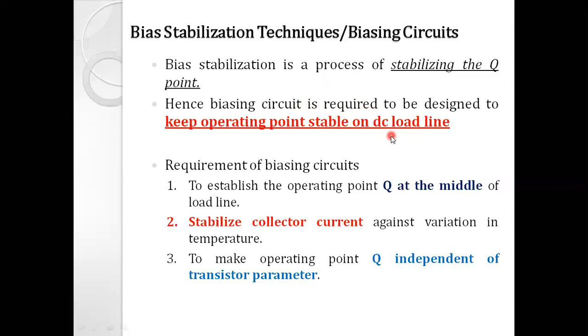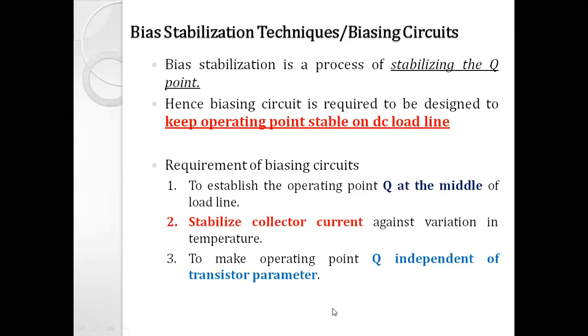So as I said that DC load line is present on the output characteristic of the transistor, which is between the two output parameters. One is the output voltage and the second is the output current. As well as in the previous section also we defined the DC load line, and we also understood the operating point. Operating point is the location on the output characteristic, right?